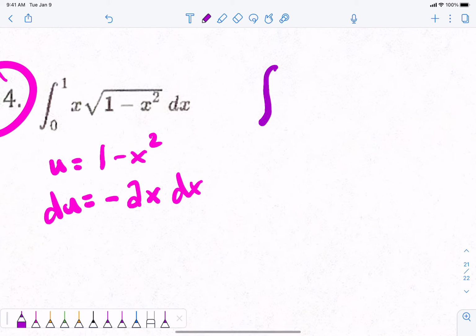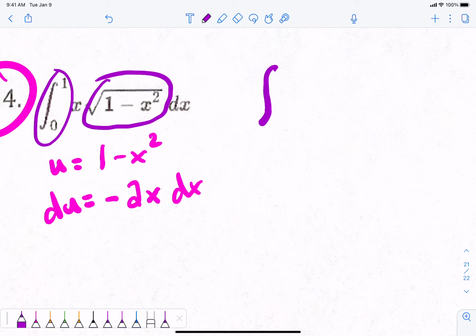I've got my integral. The square root of 1 minus x squared is now going to be the square root of u. Do you not have to divide that 2 over? You will.